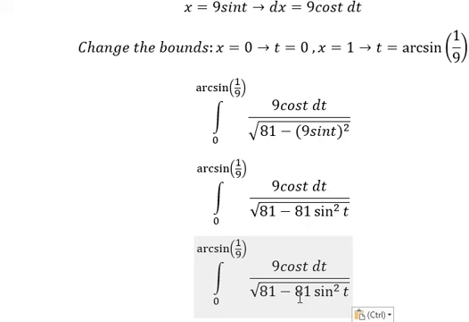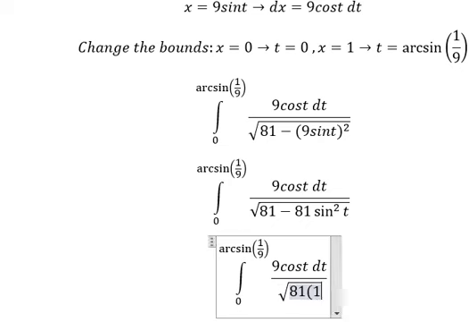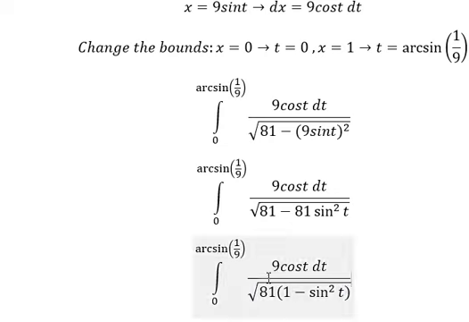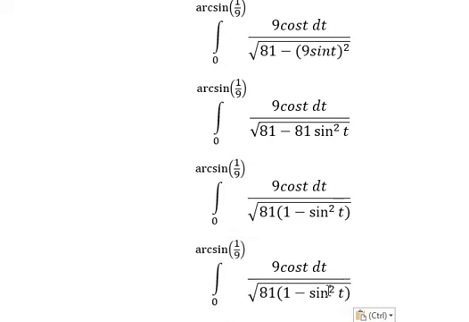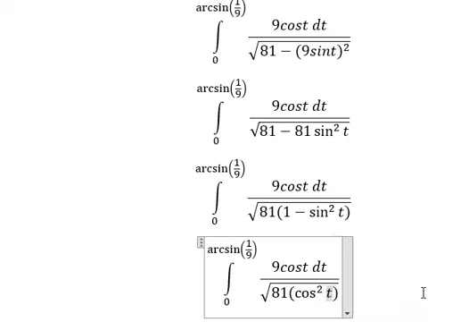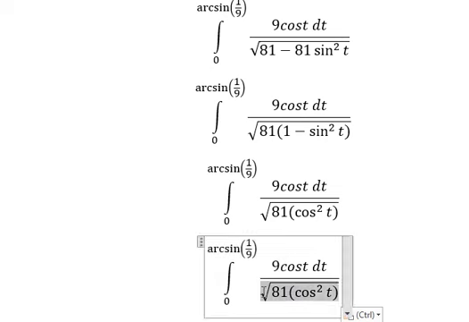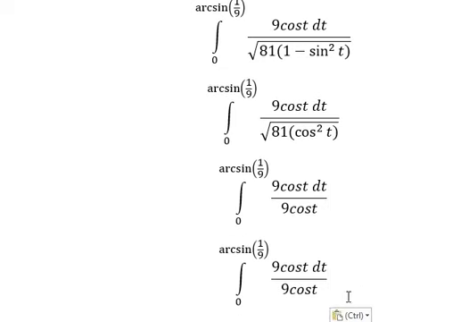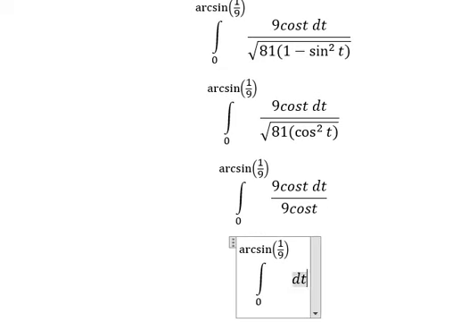Number 81, we can do factorization. So 1 minus sine t squared, that is cosine t squared. The square root of this one, we have 9 cosine t. So we simplify and we have dt.